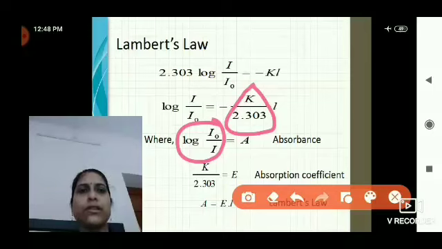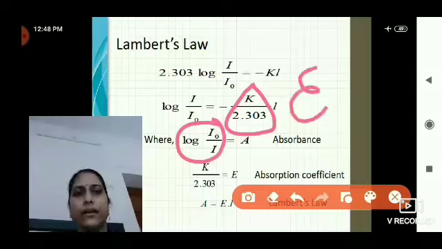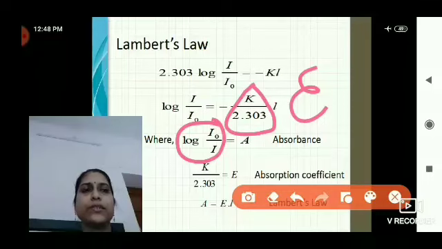In some reference books you will see this epsilon, and this is called the absorption coefficient.